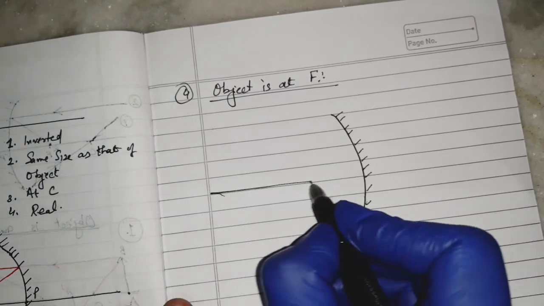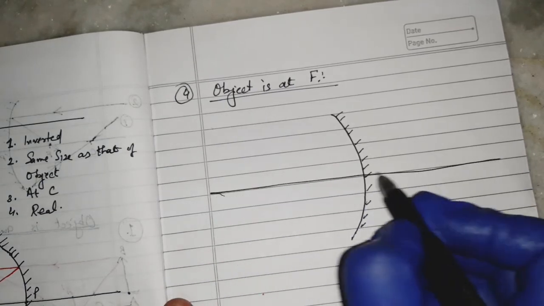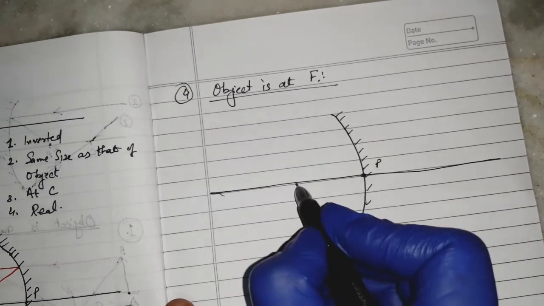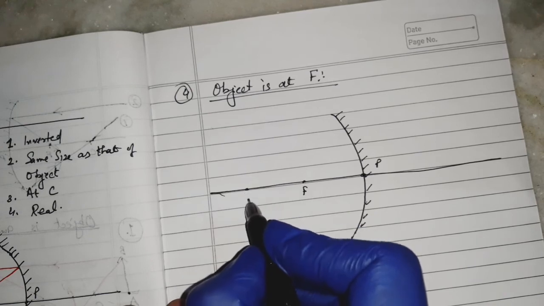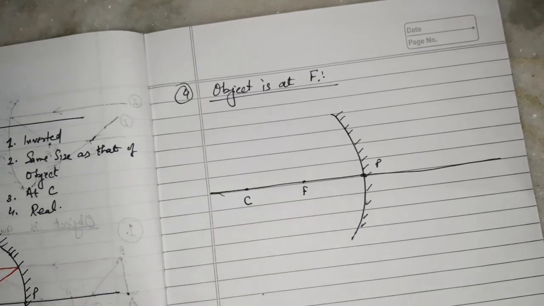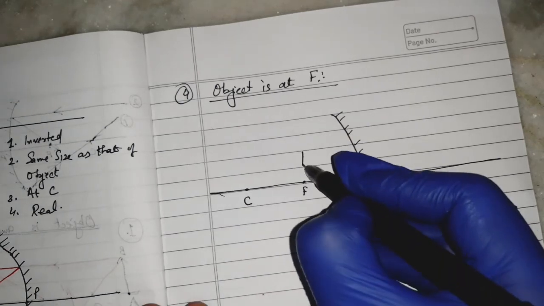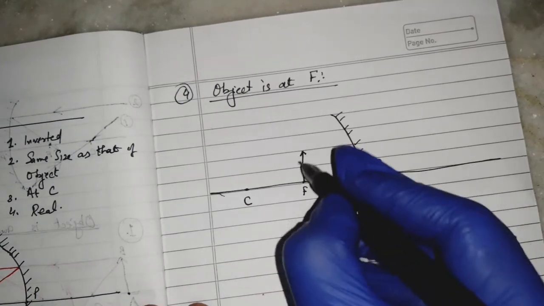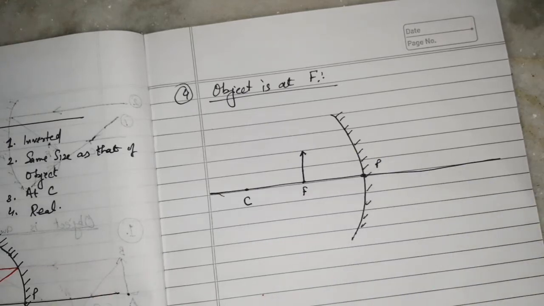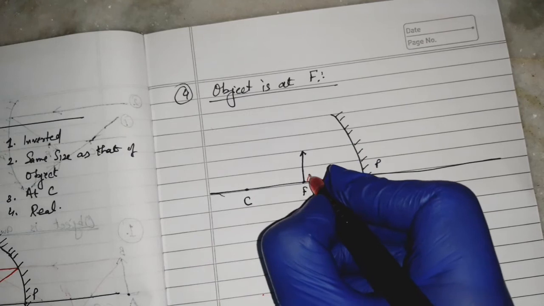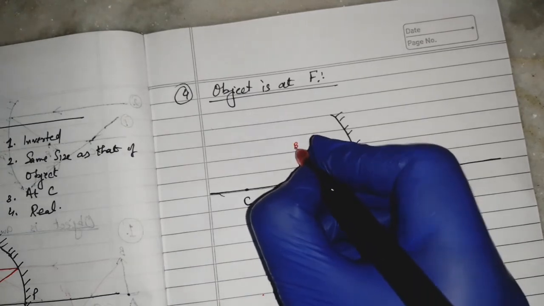This is your principal axis. This is your pole. This is your focus, and this is your center of curvature. So I am going to take the object at F. So the object is say AB. This is A, this is B.